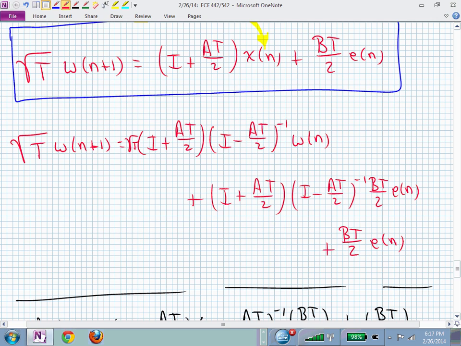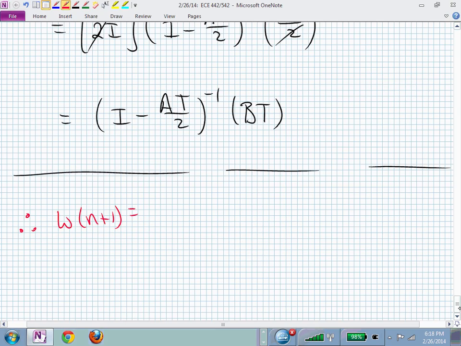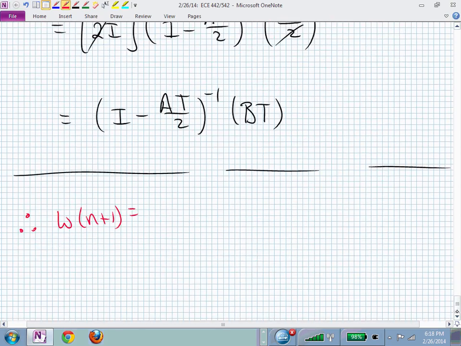It's going to get rid of that one here, but it's going to introduce a T over the square root of T, which gives me just the square root of T. So now I have, hopefully, W of n plus 1 equaling I plus AT over 2 times I minus AT over 2 inverse W of n.